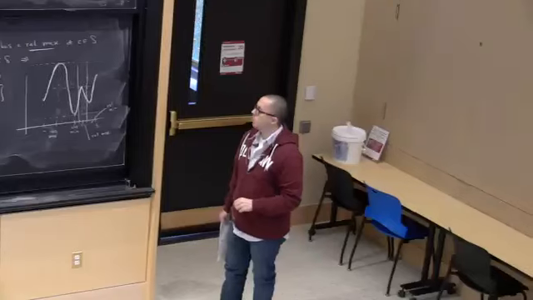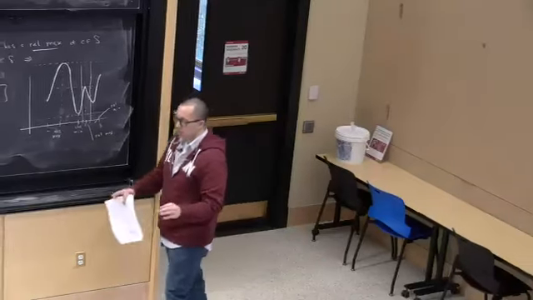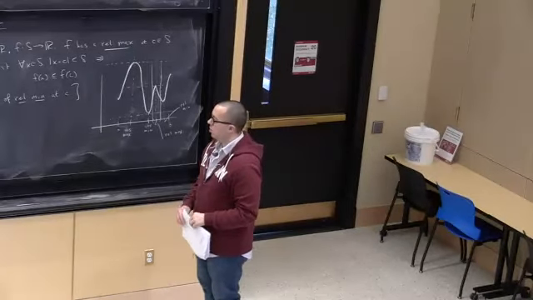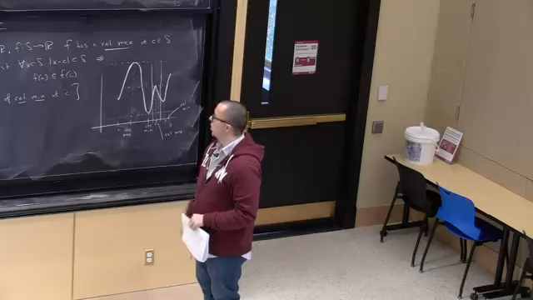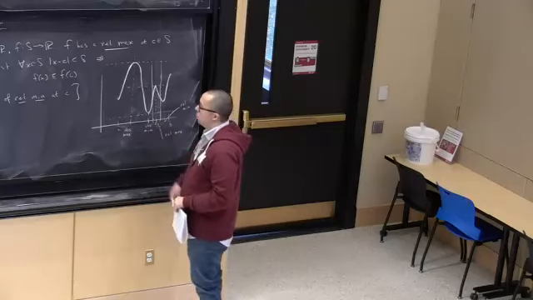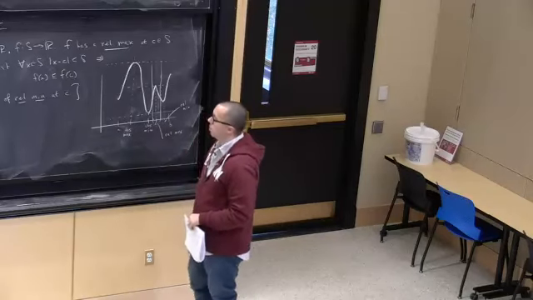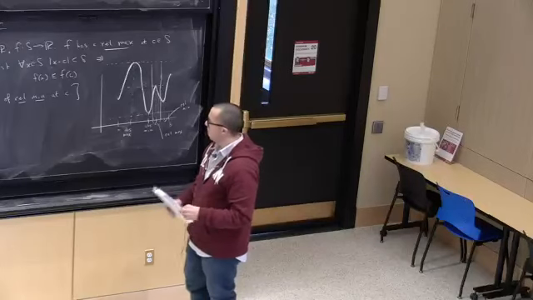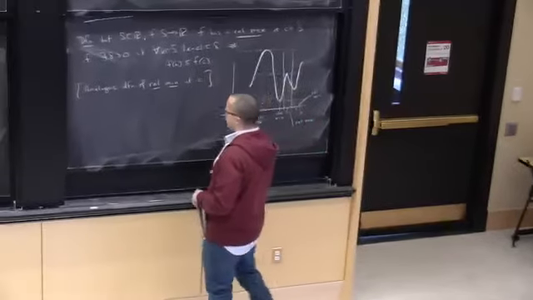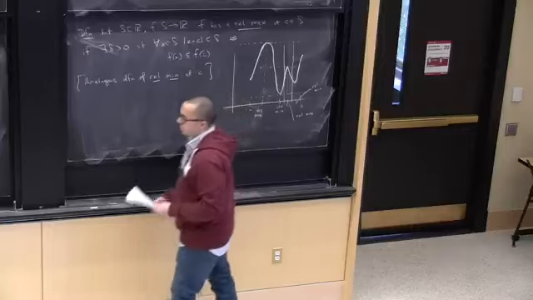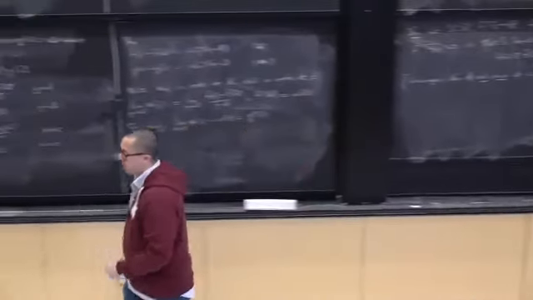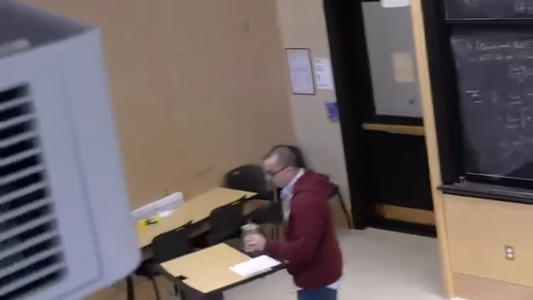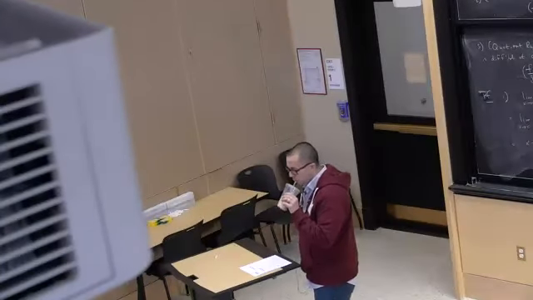Okay, so relative max means nearby points, f sits below f evaluated at that point, and relative min is the other way around. So I don't think we need to belabor the point of what relative mins and relative maxes are. I think that's pretty clear.